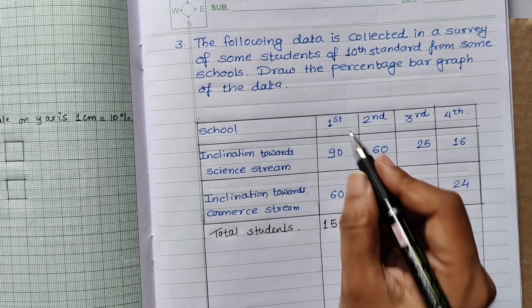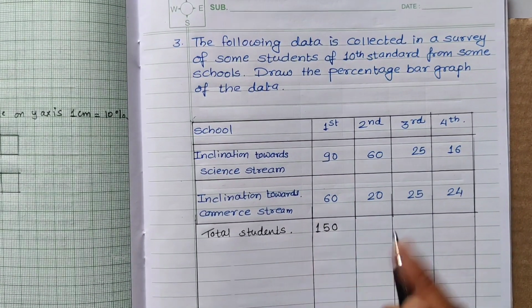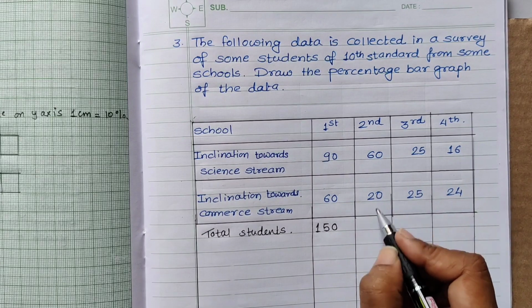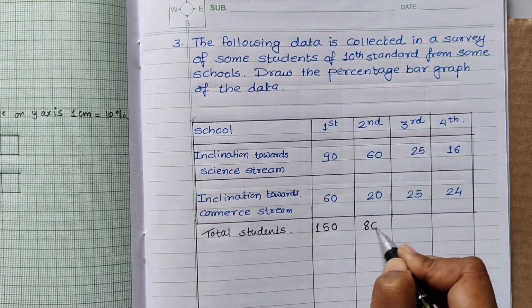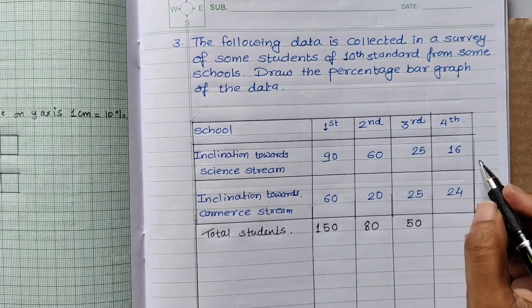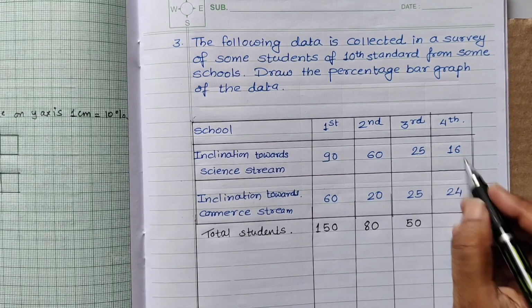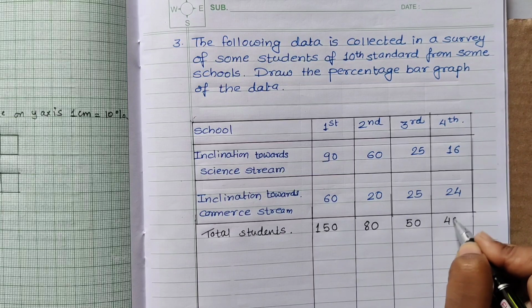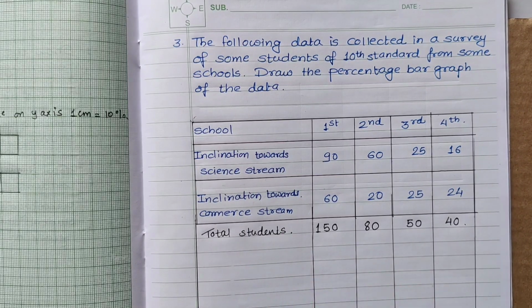Total students in first school are 150. In second school there are 60 plus 20, 80 students. In third school 50 students are there, and in fourth school 16 plus 24, 40 students are there. So in this way first find out the total students, then we will be finding out the percentage.